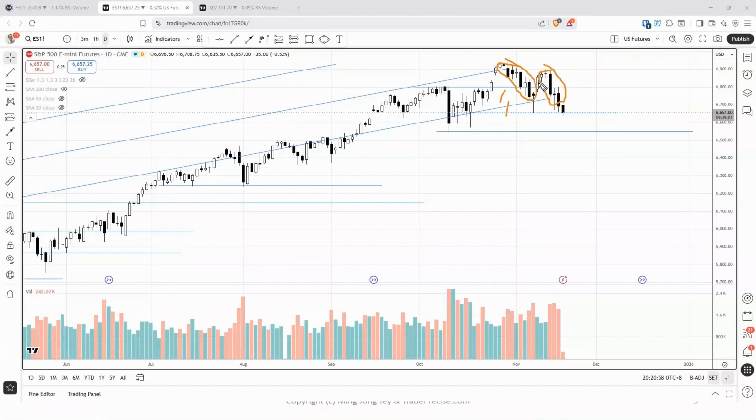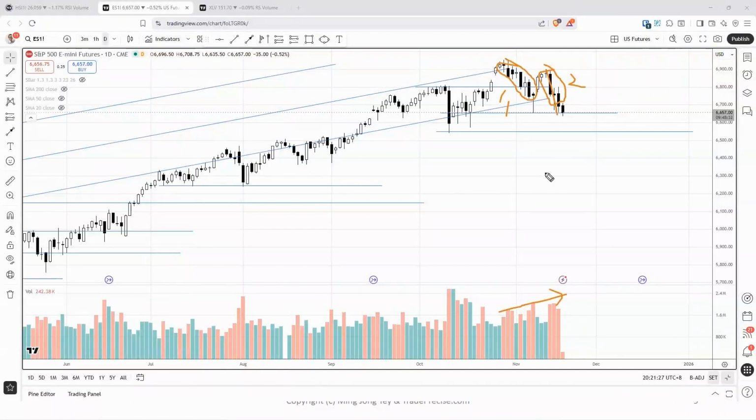Section 1 takes 7-8 bars to generate this one downswing, but Section 2 only takes 3-4 bars to generate this downswing. It's a lot sharper, a lot faster. Look at the volume. The supply is increasing right here. We have increasing supply and also increasing volatility.